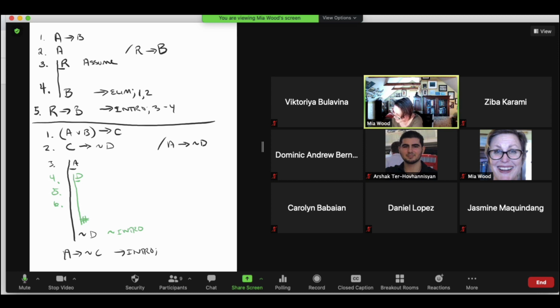We can introduce our disjunction, which then gets us our conditional elim, which then gets us our contradiction, which then gets us our negation intro.